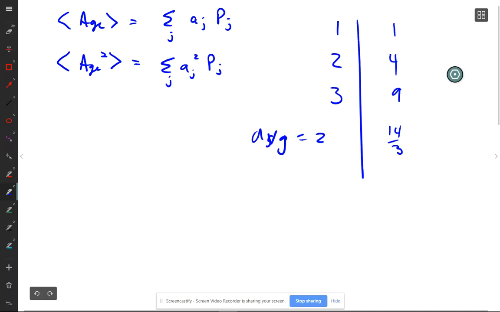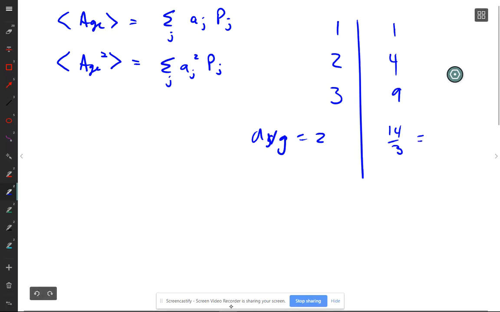I think it's clear to see that 2 squared is not equal to 14 over 3. In fact, 14 over 3 is going to be a little bit more. If it was 12 over 3, it would have been 4. So 14 over 3 is a little bit more than 4.